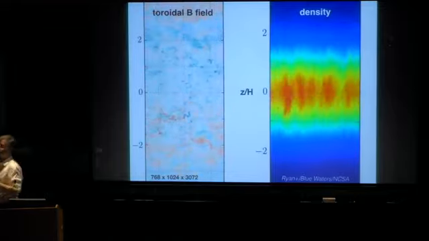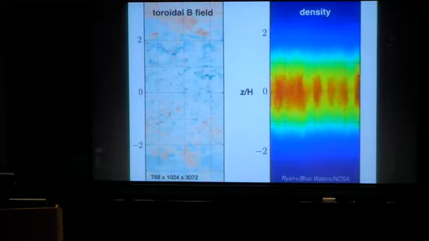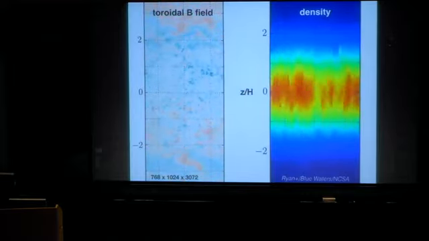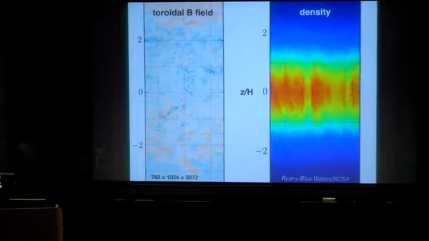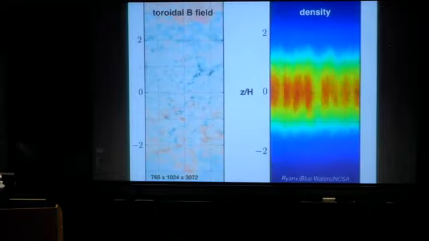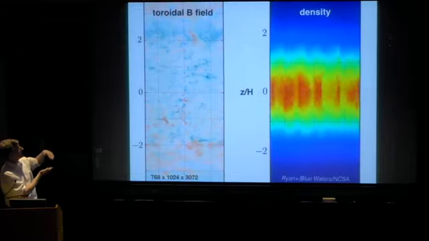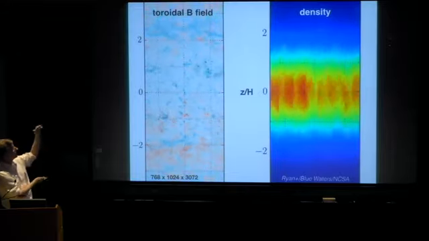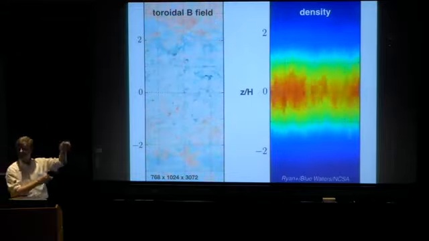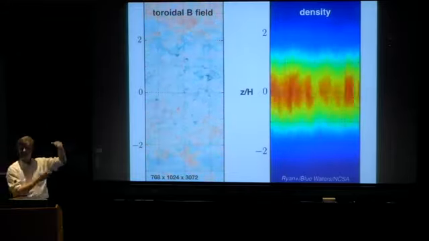This is a stratified local model of a disk. So we take a little box and allow it to orbit with the plasma in the disk and impose boundary conditions that are nearly periodic in radius. And then this particular model extends over several scale heights of the disk. So it's thicker than the disk itself.